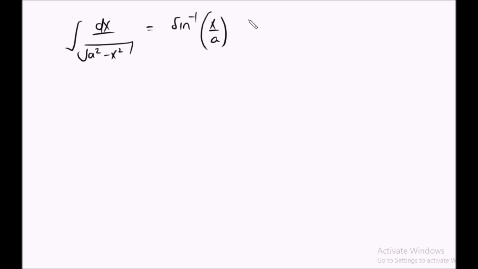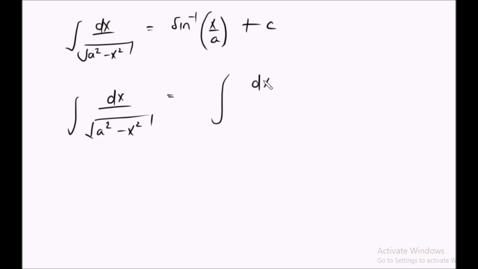So let us start na hii hapa tuliosema kwamba if I integrate with respect to x 1 over a squared minus x squared, tunapata sin of inverse of x over a plus c. Okay, so to derive hii, a squared minus x squared naweza ikawa hivi tu sasa na dx.